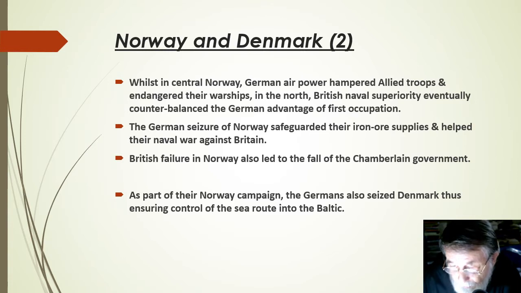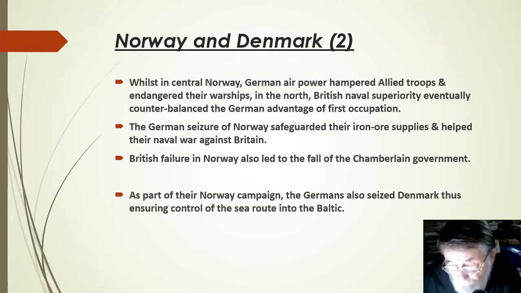The Germans also had the advantage of being able to decipher a large proportion of British naval signals. The resulting German seizure of Norway safeguarded German iron ore supplies and helped in the naval war against Britain. Britain's failure in Norway also led to the fall of the Chamberlain government, which we'll talk about in the next video very briefly.